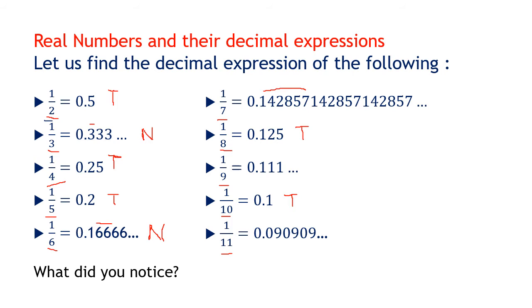After that again it starts 142857. Again we have 142857. So there is a pattern of repetition. Here the 1 is being repeated and here the 09, 09 and 09 is being repeated. Can you notice that? So there is a pattern.